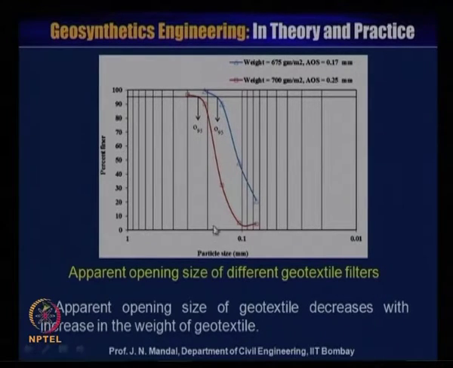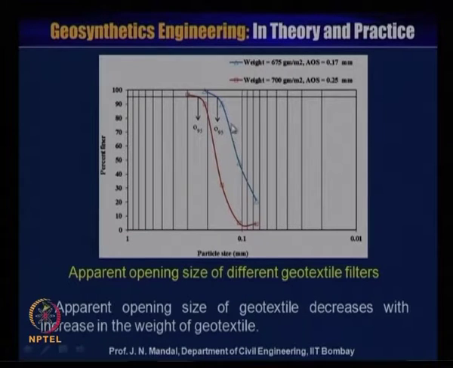So, you can calculate the particle size in millimeter. For this weight of about 700 gram per meter square, the apparent opening size is 0.25 millimeter. And this is another sample whose weight is about 675 gram per meter square, and the apparent opening size O95 you can calculate as 0.17 millimeter.